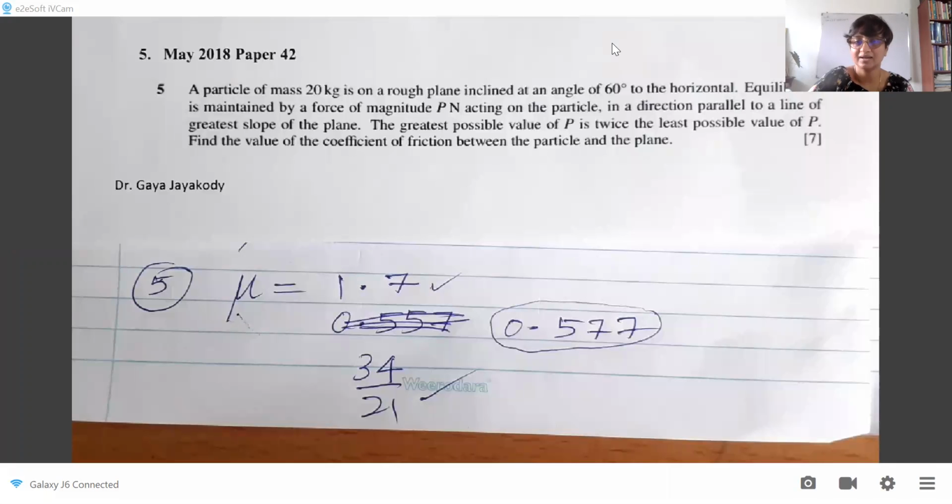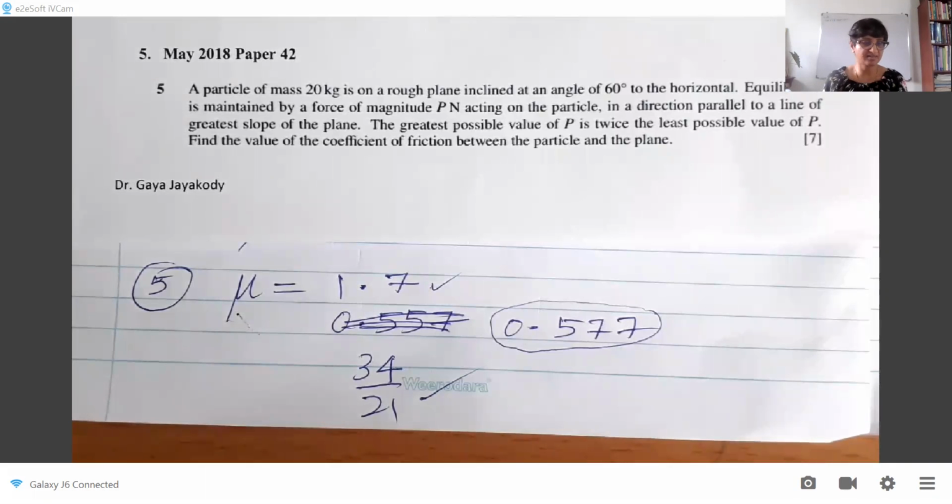Umalia? You need to hurry up and tell me. Mihil, 1.6. Close to 1.7, no? But it's not 1.6, it's 1.7.